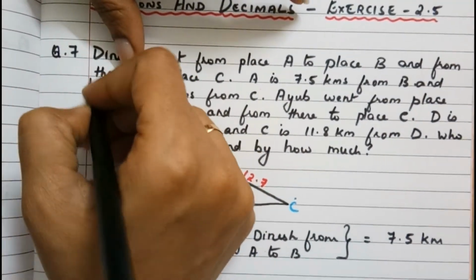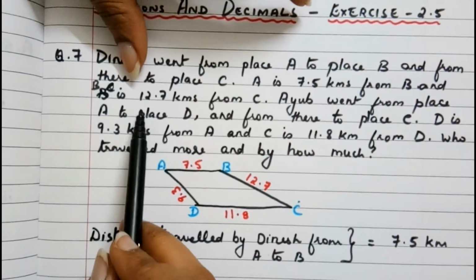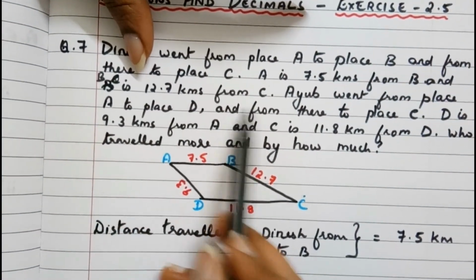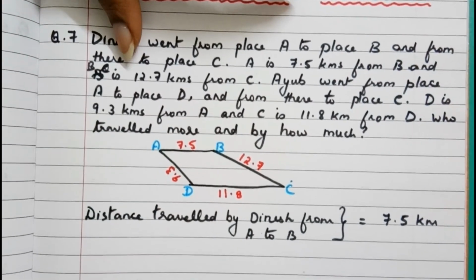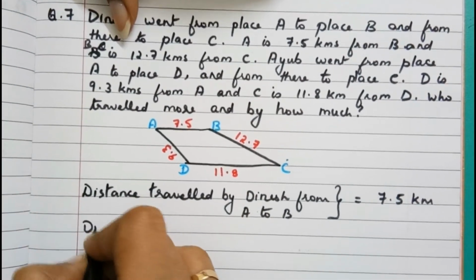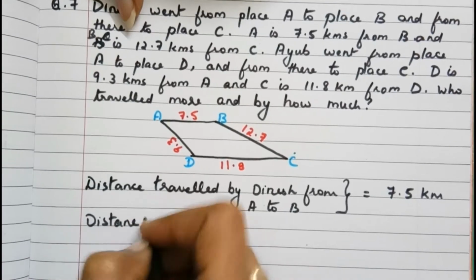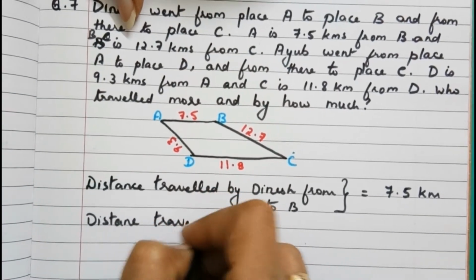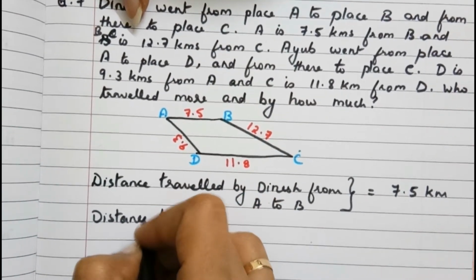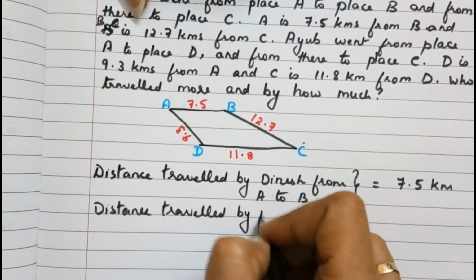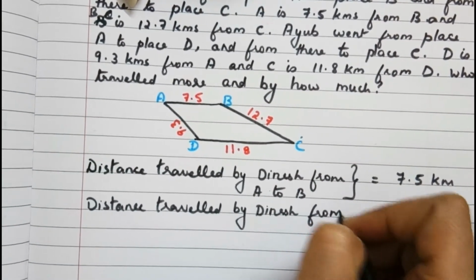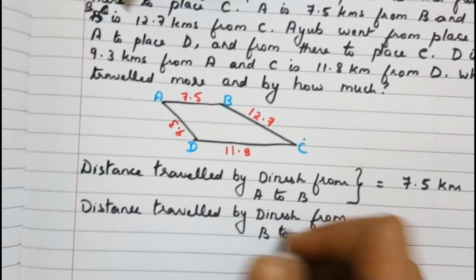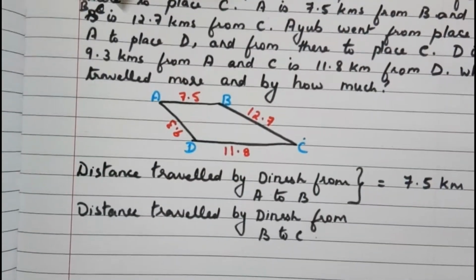Okay. And B is 12.7 kilometers from C. So this distance. So what will be the statement for that? Distance travelled by Dinesh from B to C. Clear?